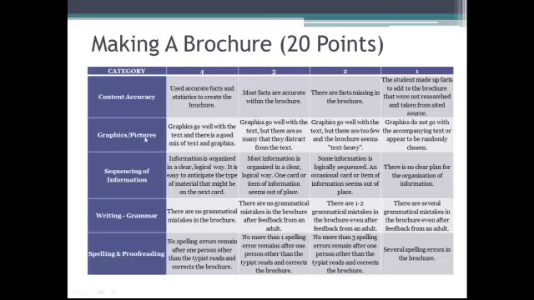Make sure it has a logical order for me. Your writing and grammar, give me your very best, along with your spelling and punctuation. To get the most points on this, give me your very best. And I'm going to go back and talk about your sequencing of information. Beginning, middle, end, you might want to start with the problem, causes, and then solution. That would be a good beginning, middle, end. All right?